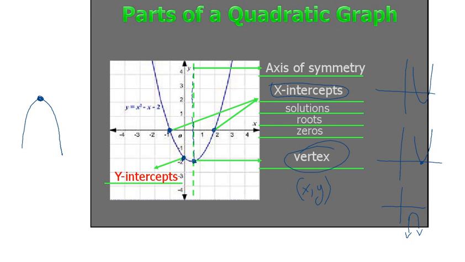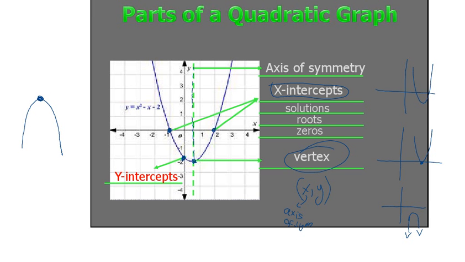Okay? So if I actually take this and fold it on top of this, I'm going to get an overlap. The axis of symmetry is the x value of your vertex. You're going to hear me say that over and over and over again. So knowing your vertex, you know what your axis of symmetry is.